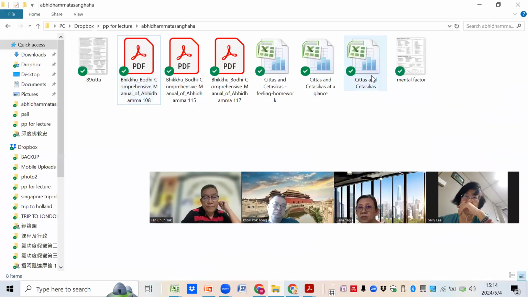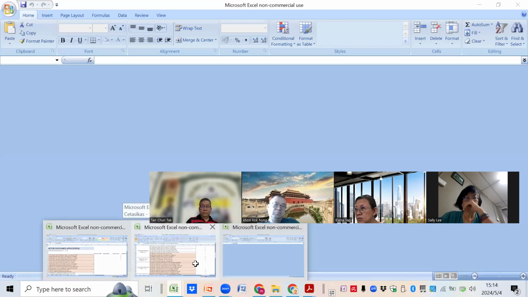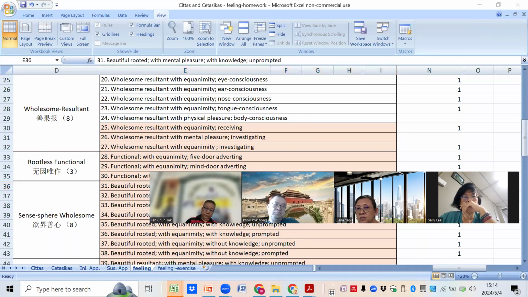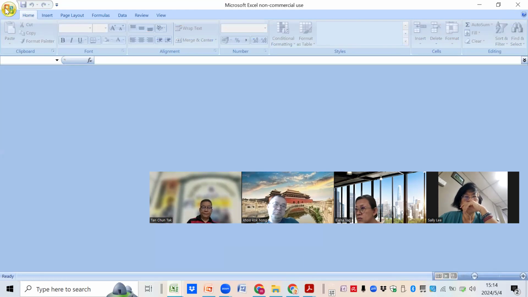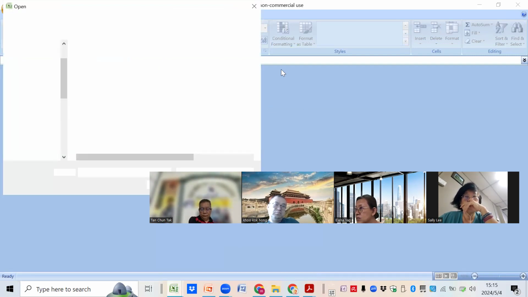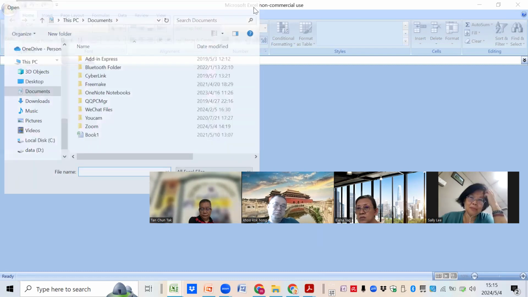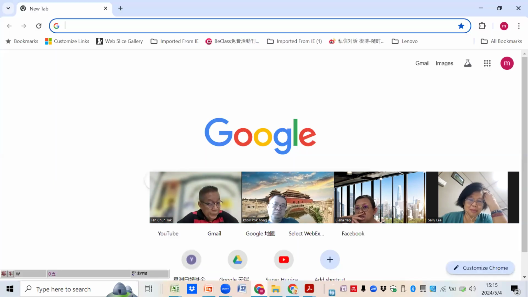Let me find the Citta and Cetasika diagram. Feeling will be the same. Okay, never mind. I forgot to download it from Hui Ping, so I will show you later.